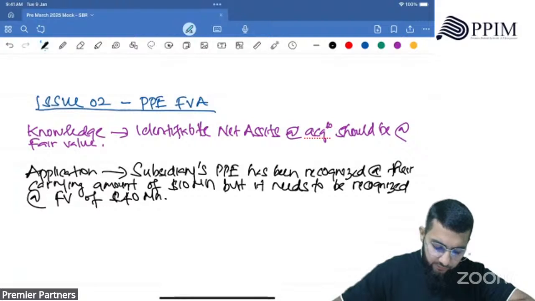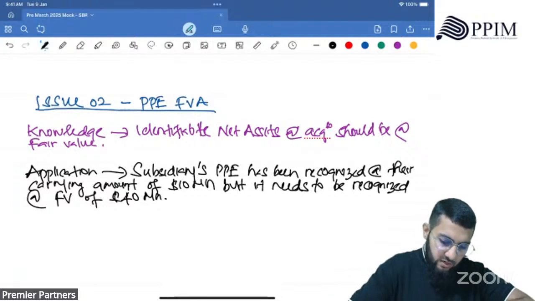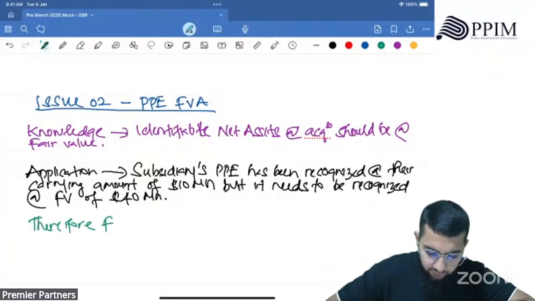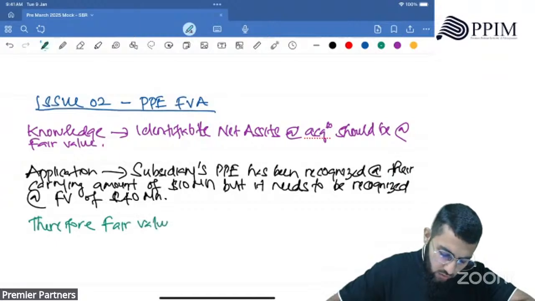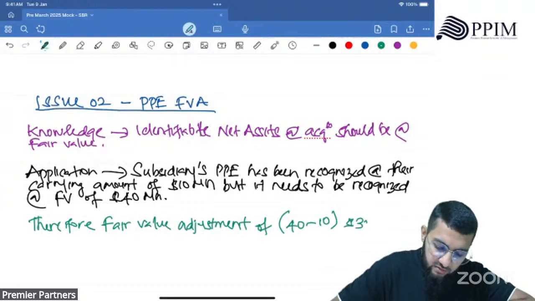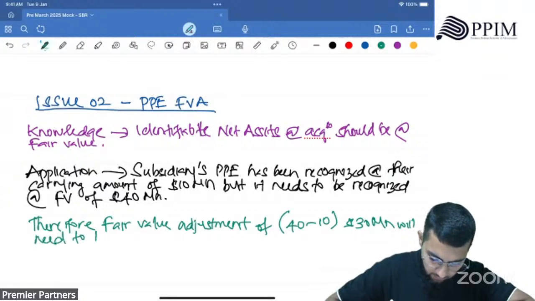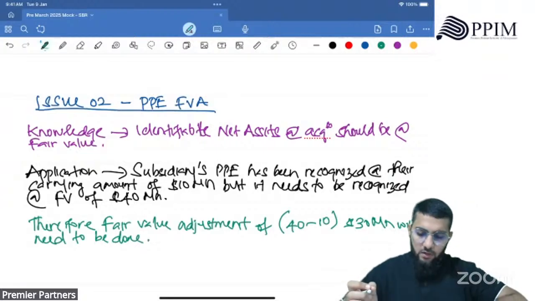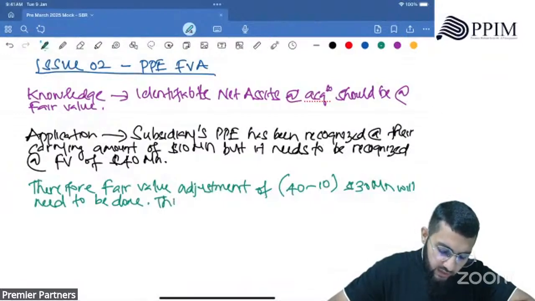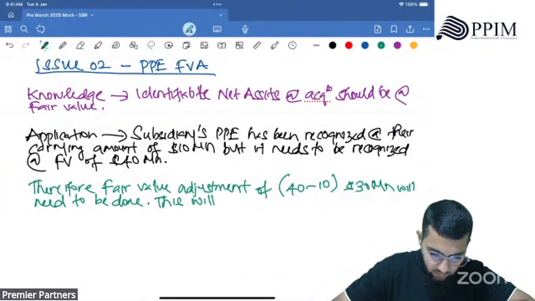Therefore, the calculation element comes in. Therefore, a fair value adjustment of 40 minus 10, 30 million, will need to be done. What will this do?